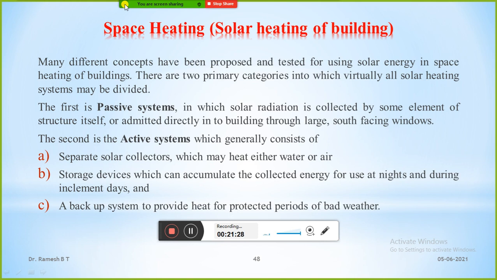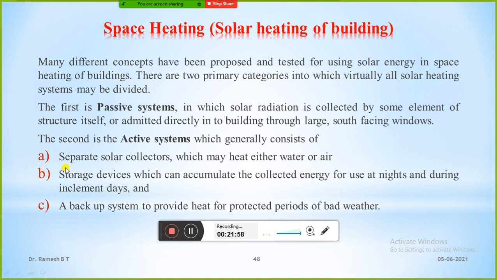After the collectors we need a storage device, and after that a backup system just to provide the heat for continuous supply. So backup systems, storage devices, and separate solar collectors are the devices we need in active systems. But in passive systems we don't need anything. It is directly exposed to the sun and gets heated, and that will supply the room space. So these are the two main categories.